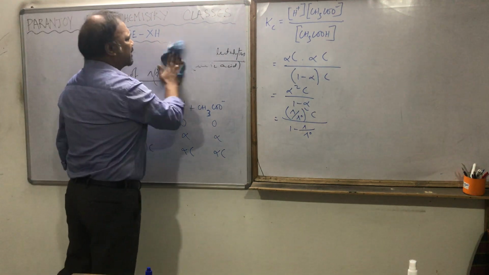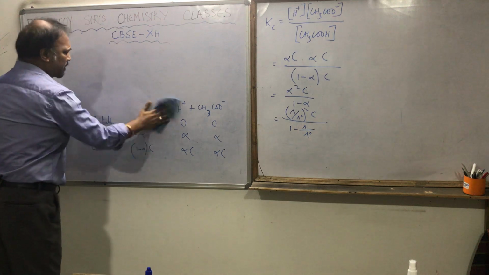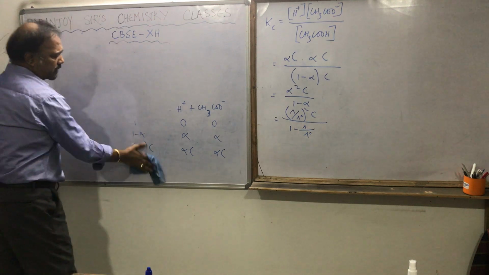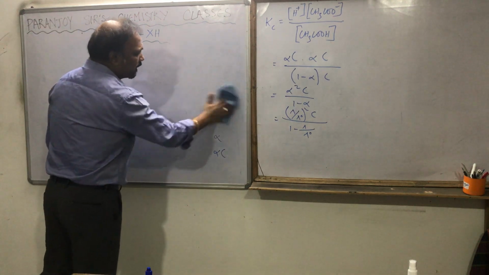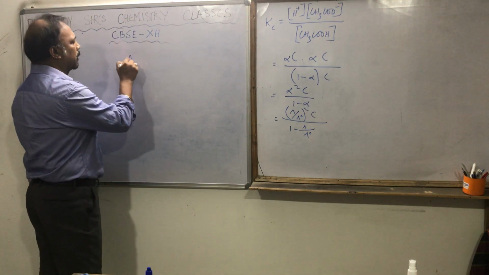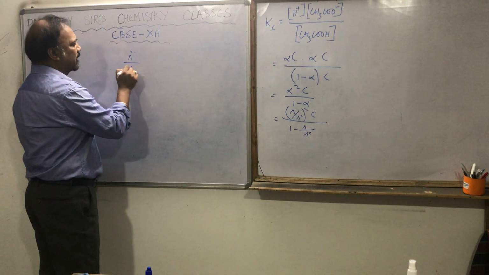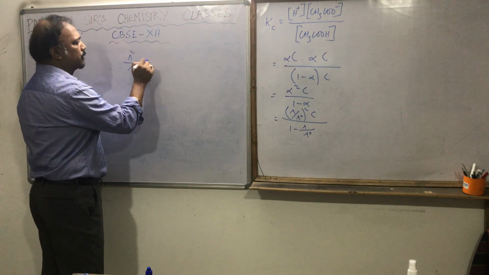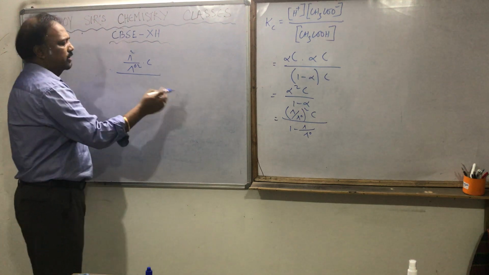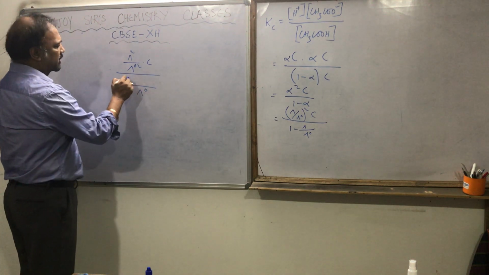If we simplify it, it's lambda naught, lambda square by lambda naught square into C. Let me write it like this: lambda square divided by lambda naught square into C, divided by, if we take the LCM, it is lambda naught, then what is left over here?